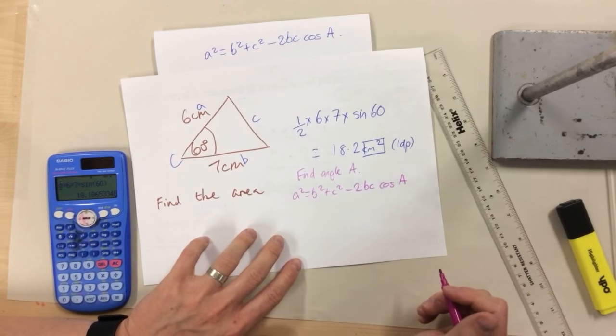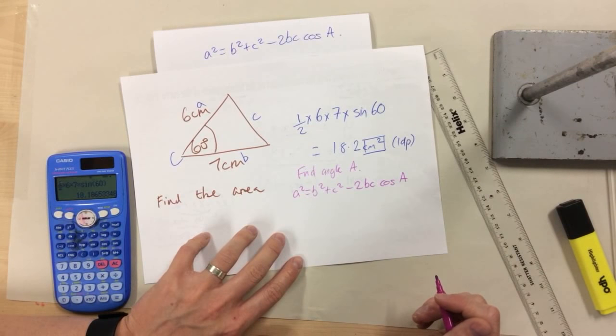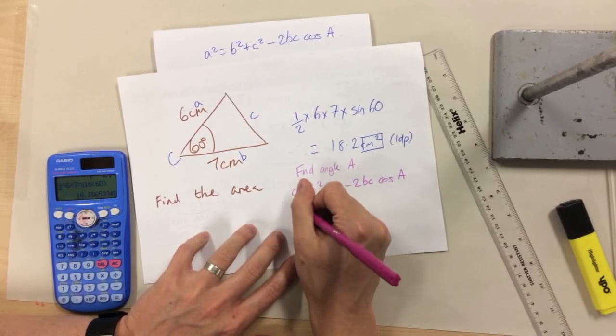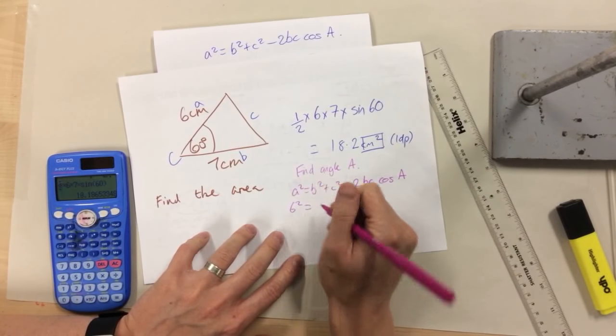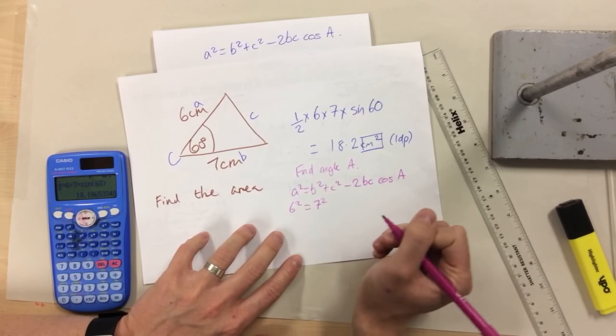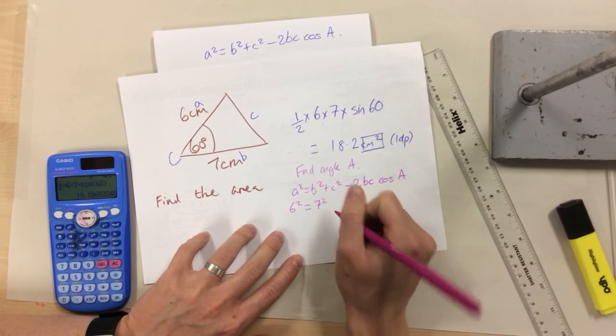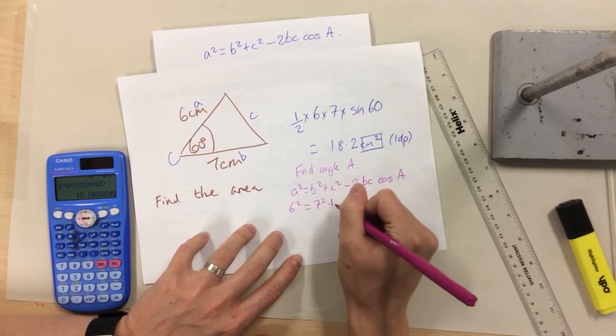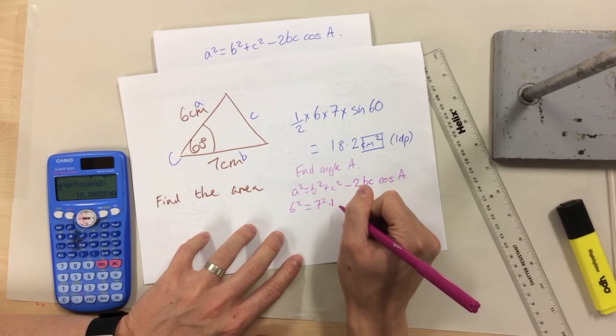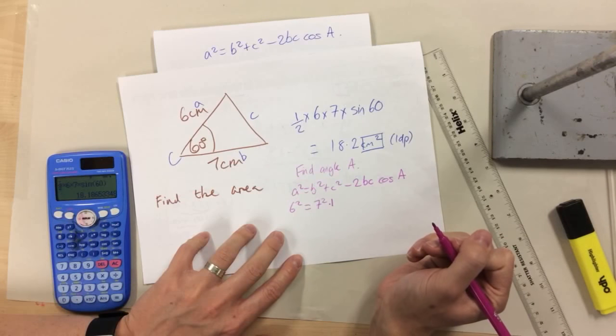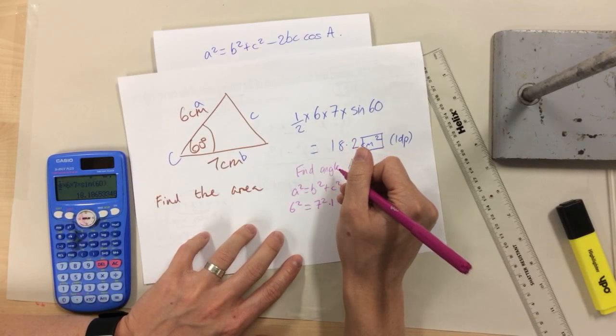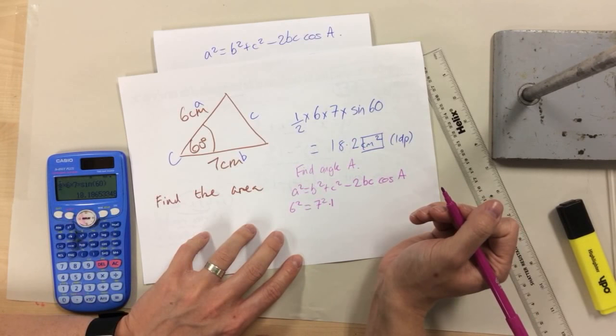So this is the last one for me, guys. I'm going to substitute in everything I know. So I know a squared is 6 squared equals 7 squared plus... You sure I want to find angle A, sir? That means side C. What have we got missing? We may need the sine rule first.